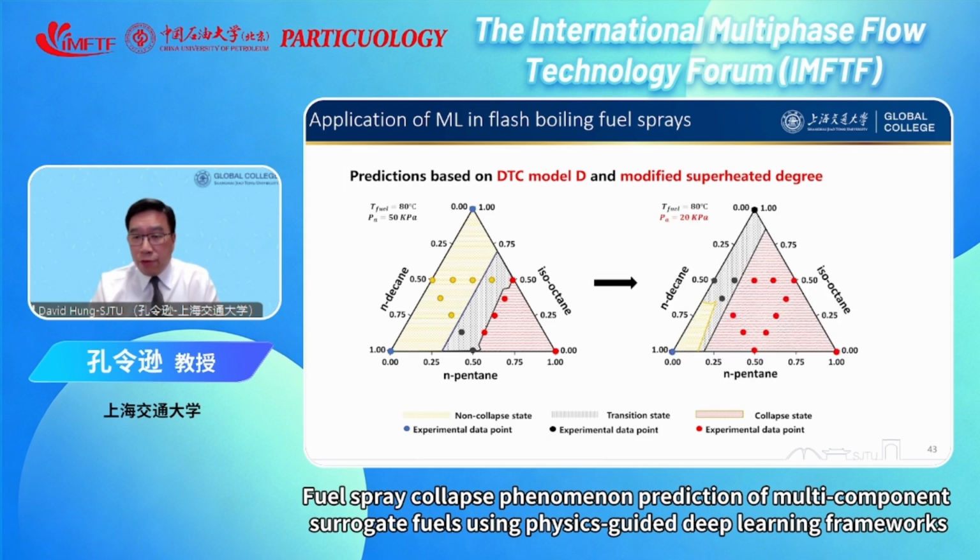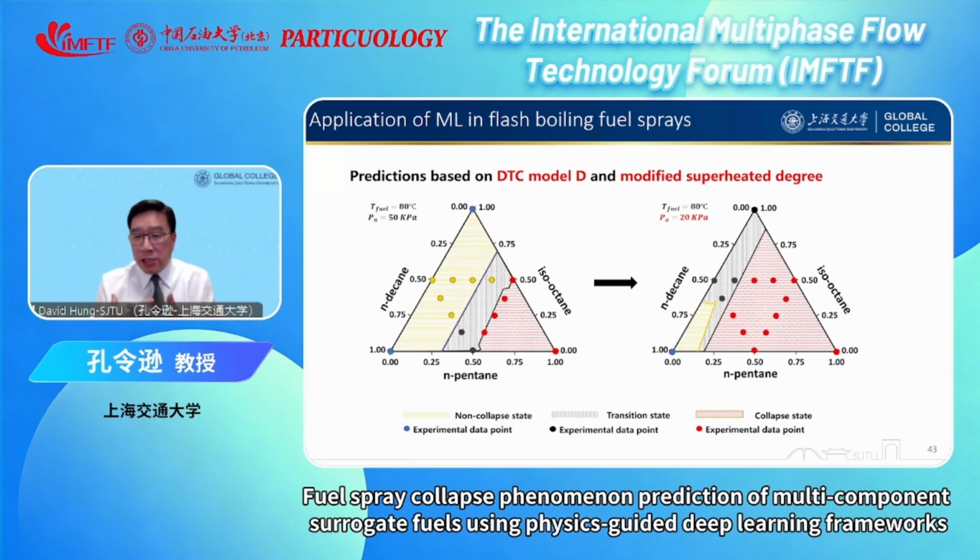So now it's very useful because if you want to change to a different condition, let's say from 50 kPa to 20 kPa, now you can see how the zone changes from one condition to another condition. Some actually get smaller. Or in other words, if you are changing the ambient pressure from 50 kPa to 20 kPa, you are enlarging where the fuel spray would collapse.